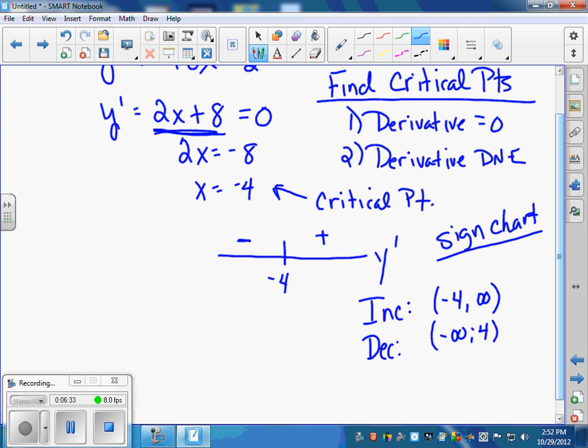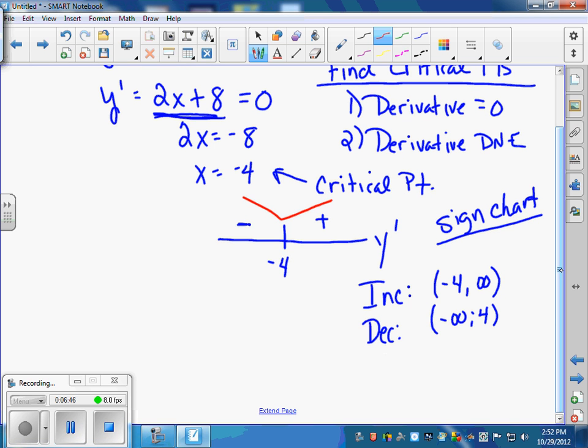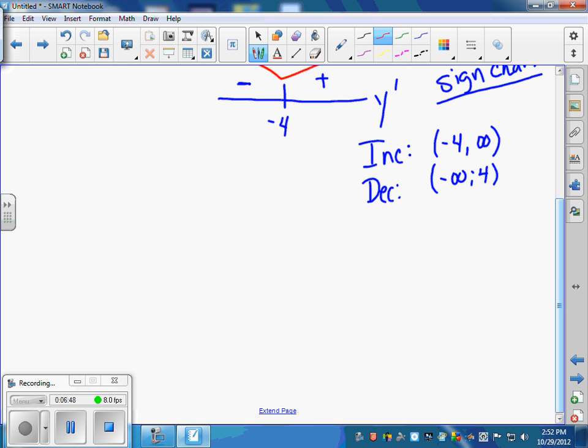Now what I like to do, and this sometimes helps you, especially with polynomials, is I like to then kind of draw that in on my sign chart. So here's what's happening. We decrease, then we increase. So if you notice, then at -4, we hit a low point, and we call that a local extrema. If there's one of them, it would actually be extremum, which is what we would call local maxes and mins.